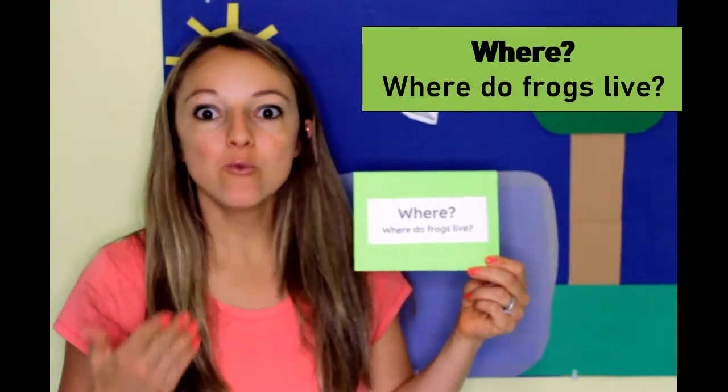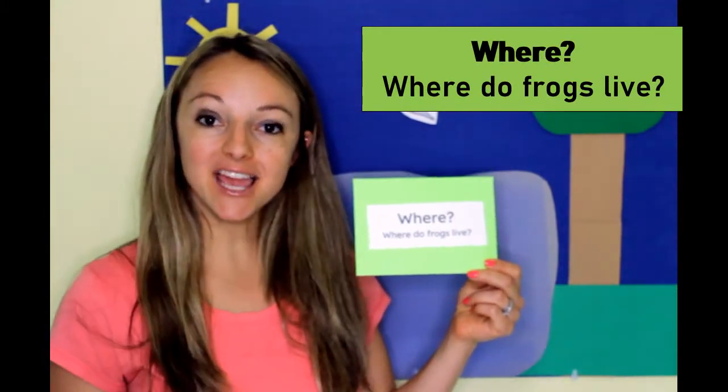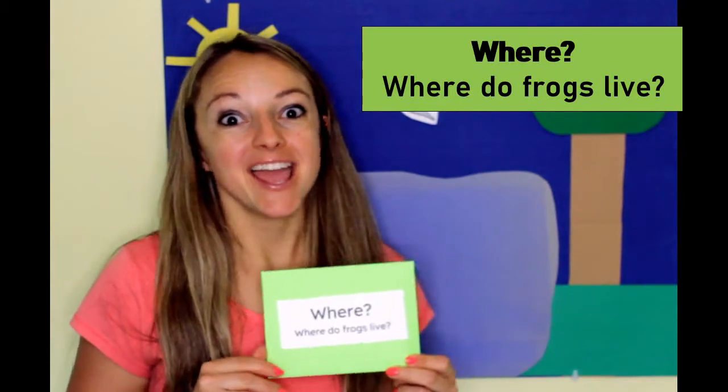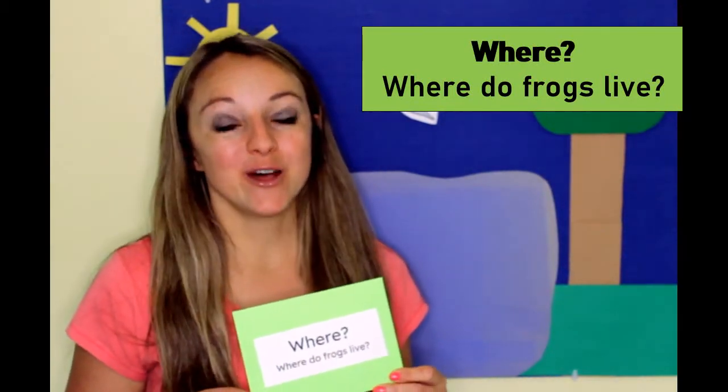Where do frogs live? For our next activity, we're gonna play a hide and seek game with a little frog. But before we do, let's talk about where they live. Well, the skin of a frog needs to stay wet and moist. If it doesn't, it will get sick and die.